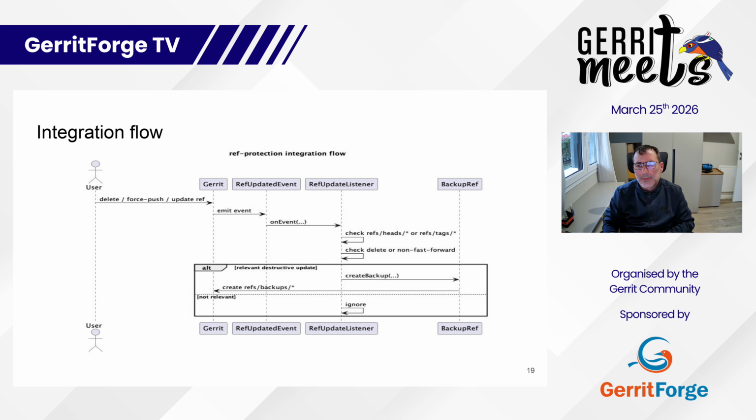Now, how does it work? I hope that this is clear enough. It's a really simple and lightweight plugin. Imagine you have a user that does, for example, a force push to Gerrit. A ref-updated event will be triggered. What ref protection does is implement a ref update listener. Whenever an update happens, the plugin checks if the ref is one of the ones that you want to protect, like refs/heads or refs/tags.